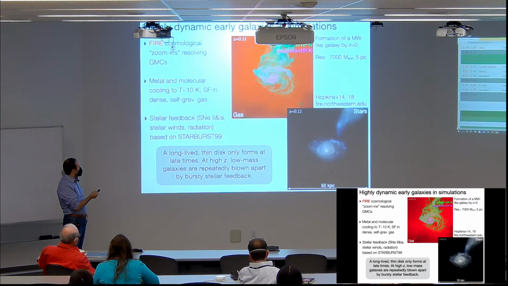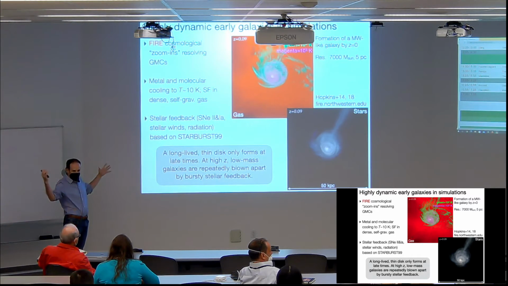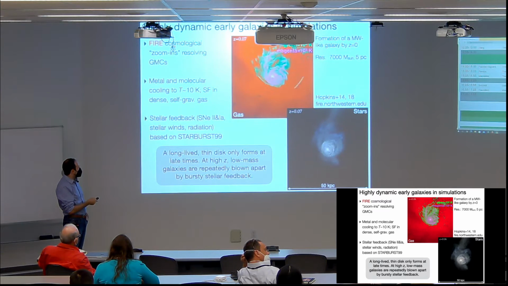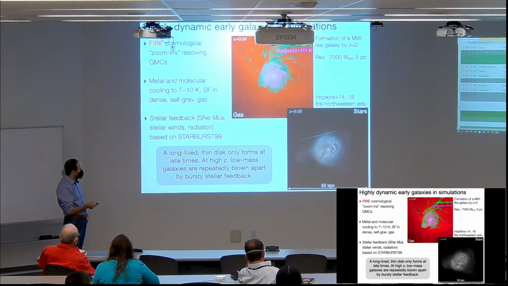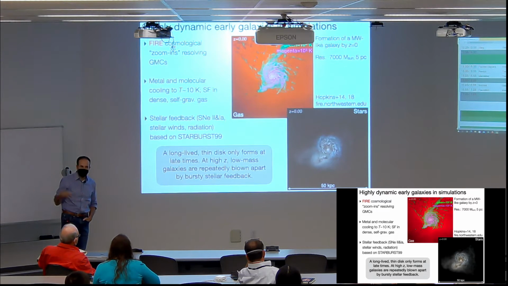And so here you have a late-time merger between a small dwarf galaxy and your bigger L-star type galaxy. And at the end, you have simulated galaxies like this one that are broadly reminiscent of local spirals.